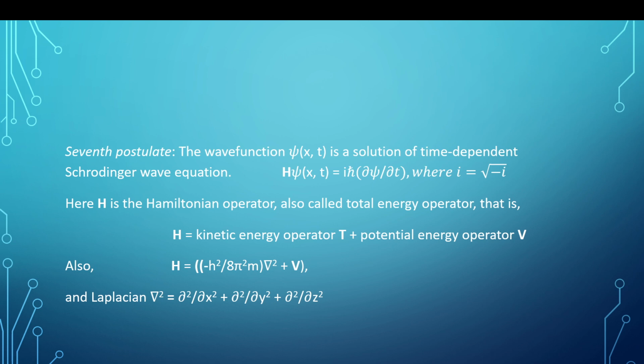Here H is the Hamiltonian operator, also called the total energy operator, that is the kinetic energy operator T plus the potential energy operator V. Also H is minus h square upon 8 pi square m del square plus V, where the Laplacian del square equals d2 upon dx2 plus d2 upon dy2 plus d2 upon dz2. Differentiation twice.